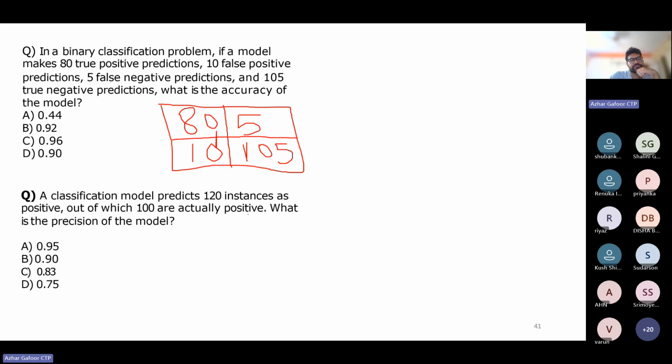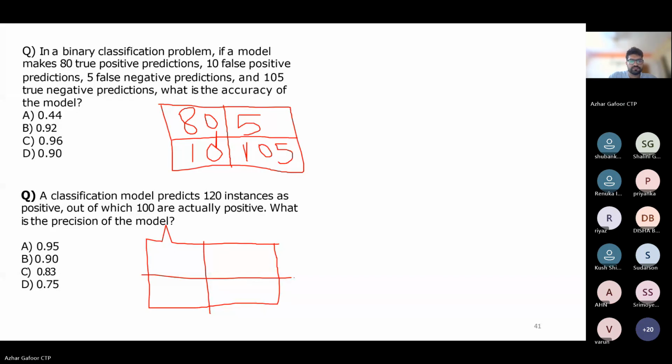So the next one, the classification model predicts 180 instances as positive, out of which 100 are actually positive. So what's the precision of the model? If you remember the precision formula, you can answer. C, 0.83.